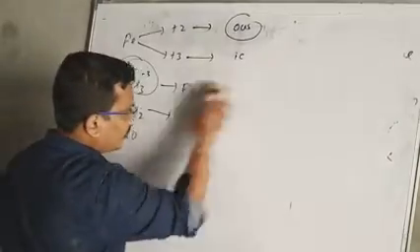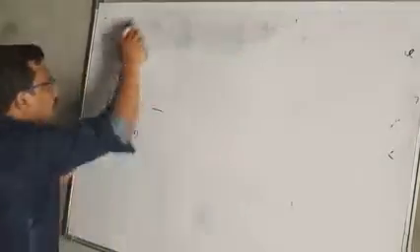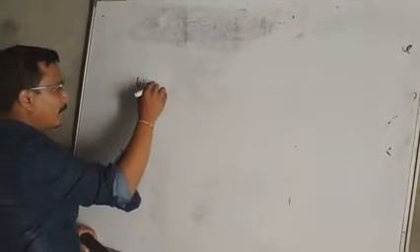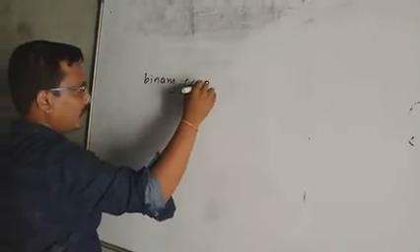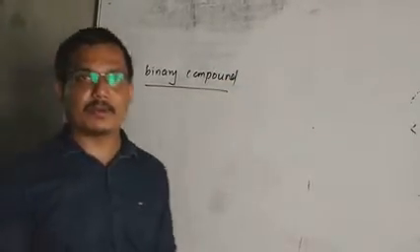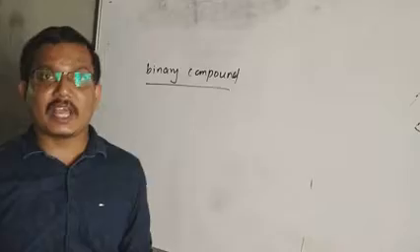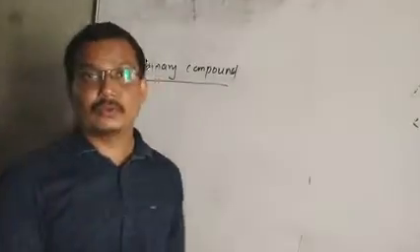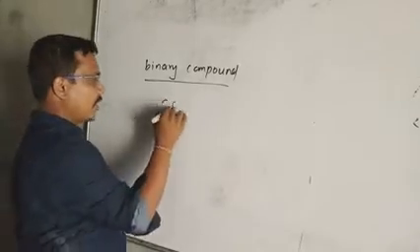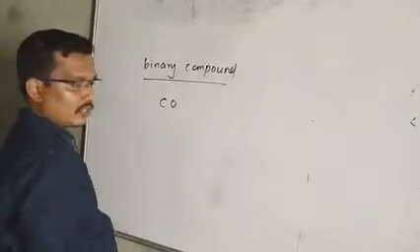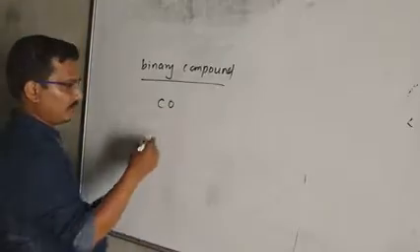Next point is binary compounds. What is the meaning of binary compounds? If a compound is made of two types of atoms, remember two types of atoms, not the number of atoms. For example, carbon monoxide: one carbon and one oxygen, so it is a binary compound.